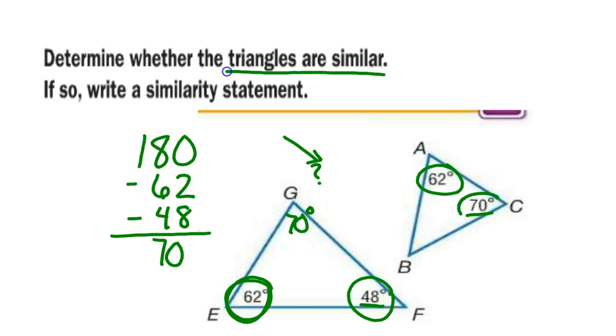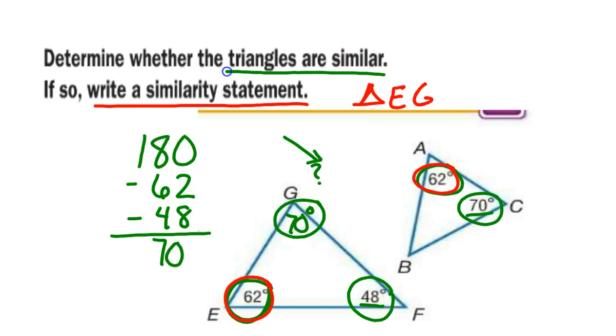So we know that one is 70 and that one is 70. And we already had that angle and that angle. So they are similar because I have two angles. So to write a similarity statement, I would just write that triangle EGF is similar to triangle, okay, which angle matched up with E?